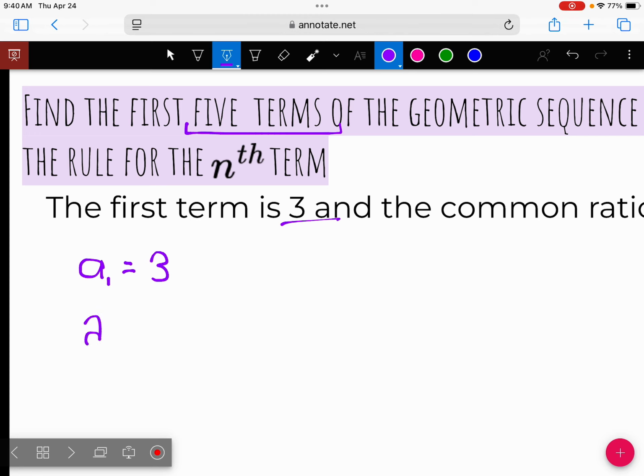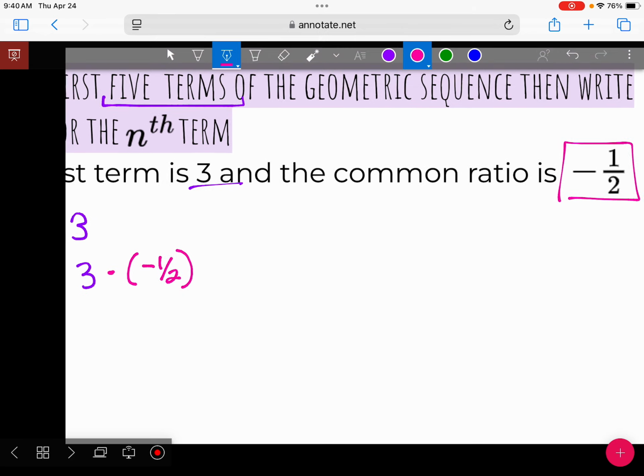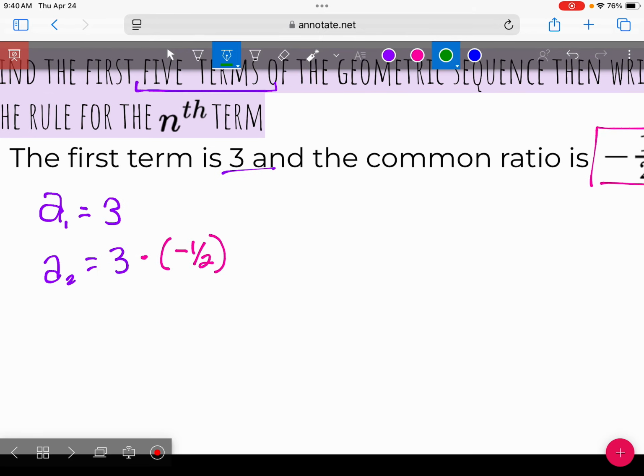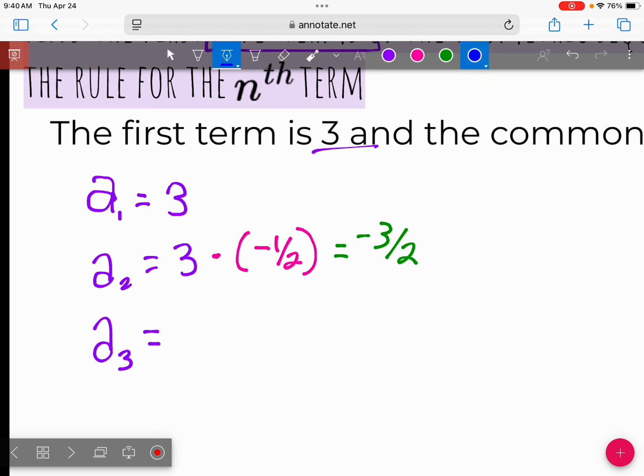So how are we going to get our a sub 2? Take our a sub 1, our 3, times our common ratio, our negative 1/2. So that would give us negative 3/2, or negative 1.5. I don't care if you do fractions or decimals. So our a sub 3 is going to be what?